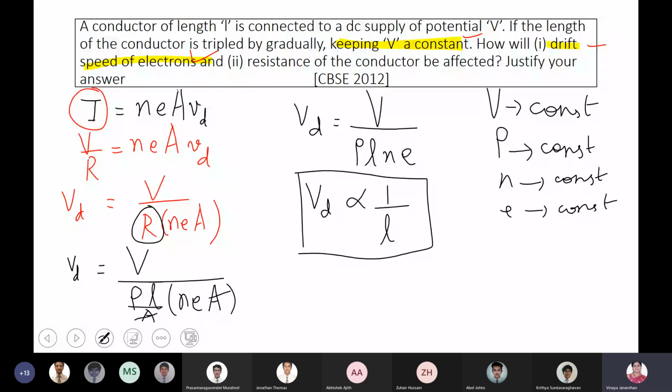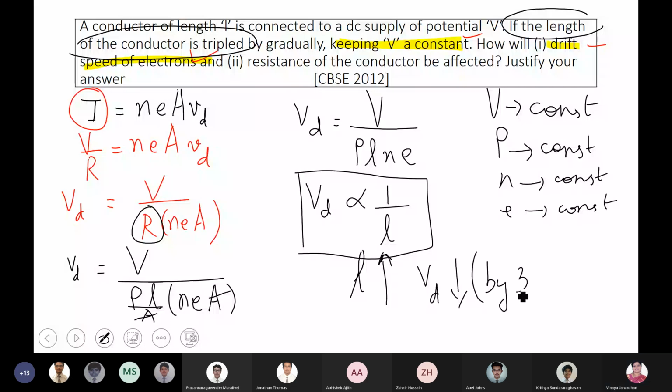The length of the conductor is tripled. The material is not changing. So if L increases 3 times, VD will decrease, inversely proportional. VD will decrease by how many times? 3 times. Can someone put this screenshot, boys?